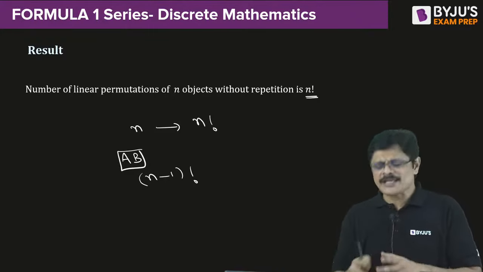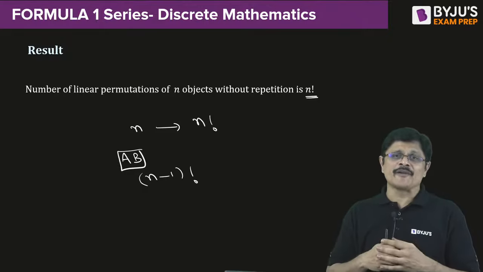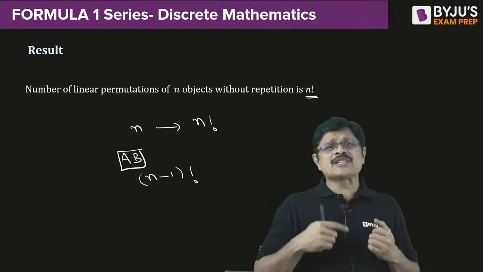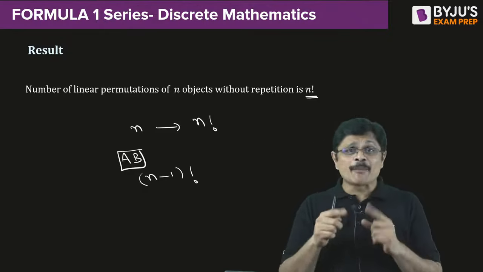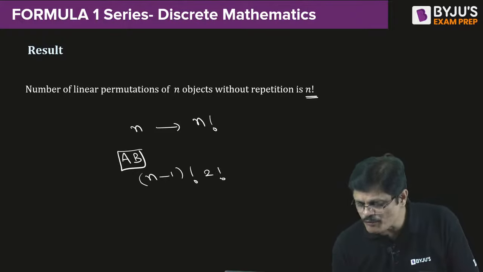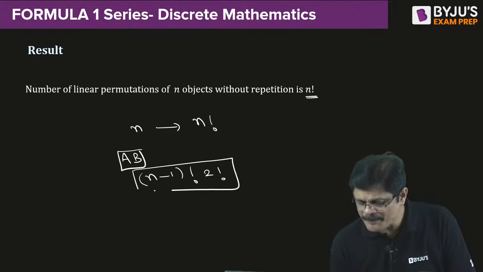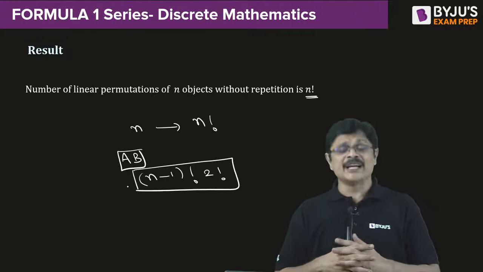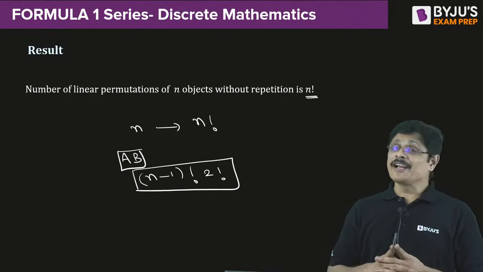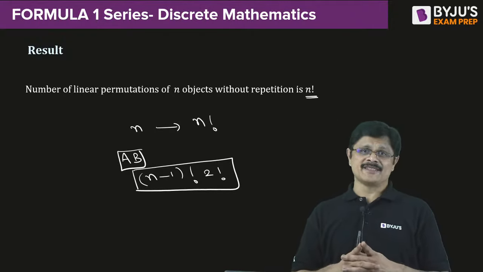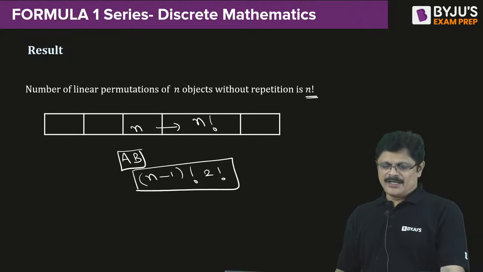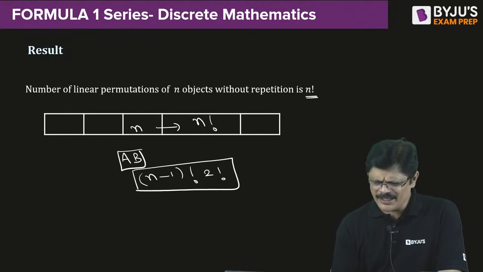N minus 1 objects can be arranged in n minus 1 factorial ways. For each of these n minus 1 factorial ways, AB can be arranged among themselves in two ways, that is 2 factorial. So the answer would be n minus 1 factorial into 2 factorial. This is a very interesting, important formula, my dear friends. Am I clear? Please remember.